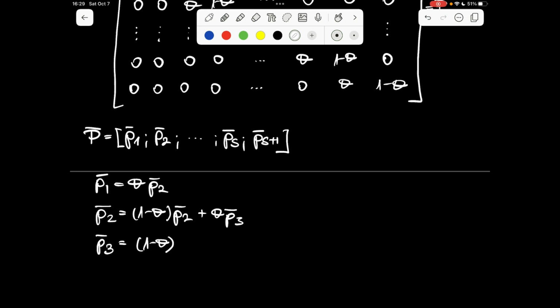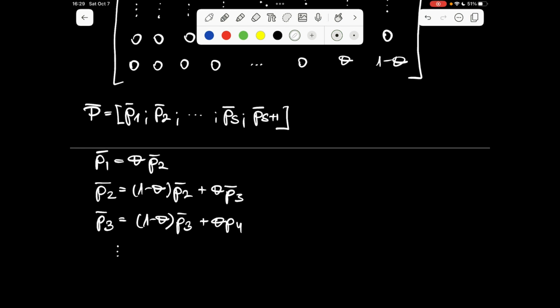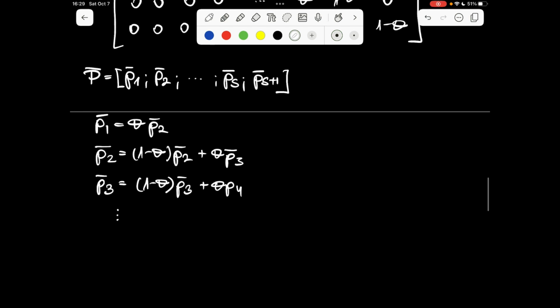I don't need to, and I don't want to fully write all the rows. I cannot, because we haven't set any concrete value for S, so these are the last two.